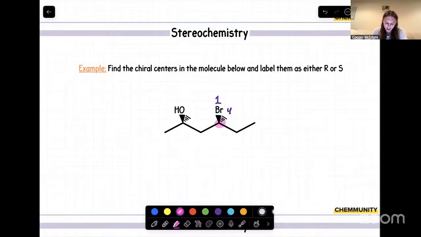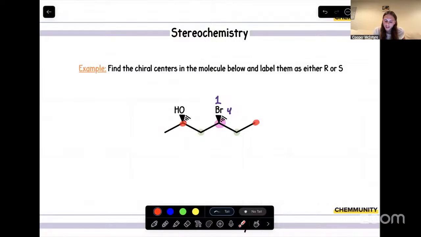So if we were to stop at this green carbon, in terms of us branching away from that pink chiral center, we see that those green carbons are both CH2 groups. So in order to assign priority, we need to keep moving through the molecule. And what we need to compare next is this carbon and this carbon.